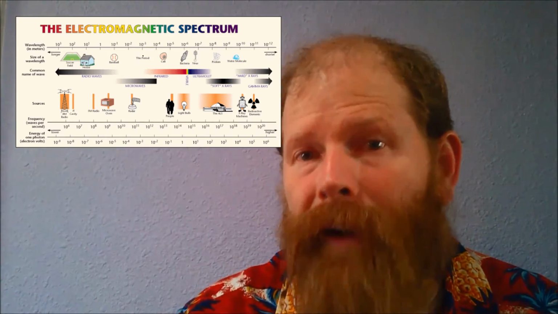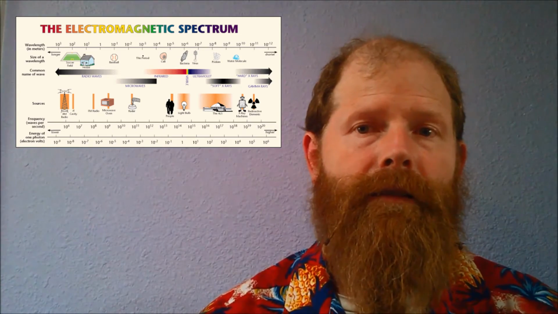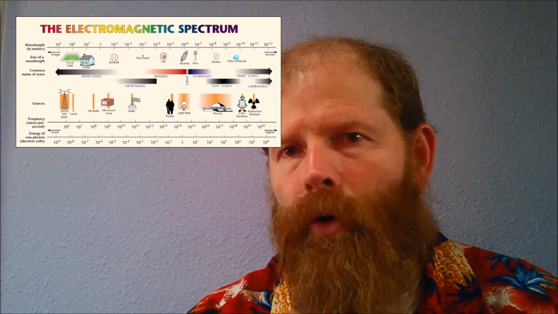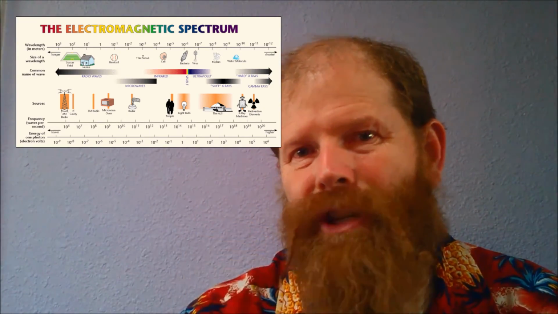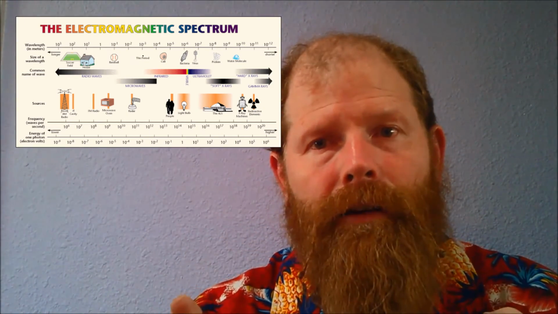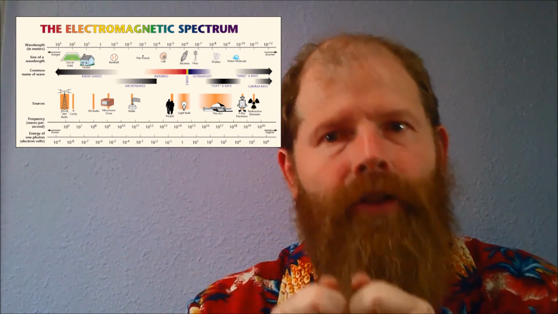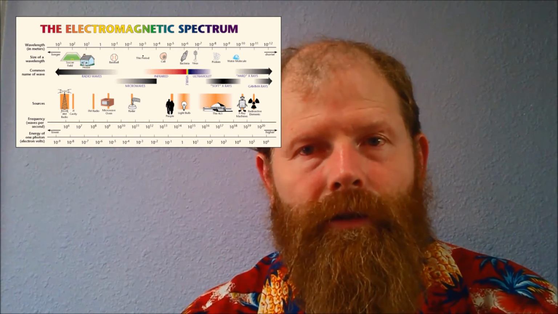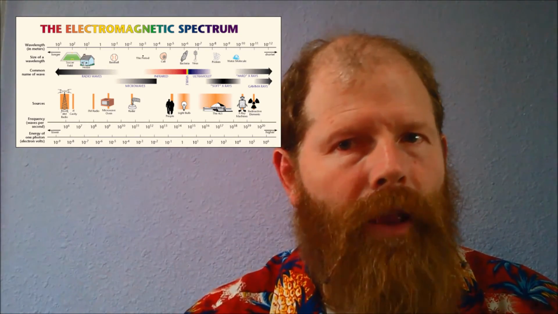But with ultraviolet light, or X-rays or gamma rays, even if there's not a whole lot of photons, each photon has enough energy to break a chemical bond. And if the chemical bonds in your cells are getting broken, that can cause damage, and it makes your cells start to fall apart.